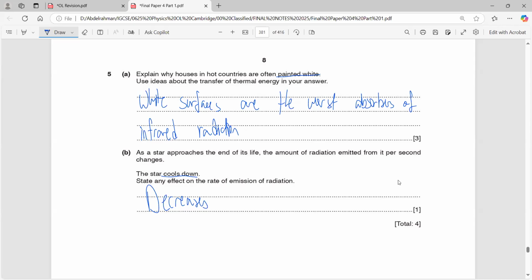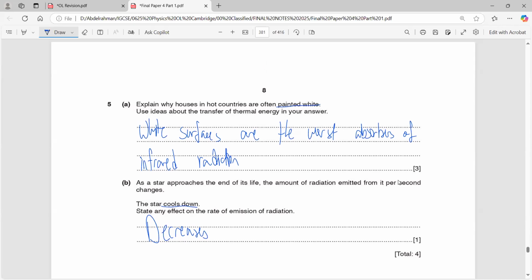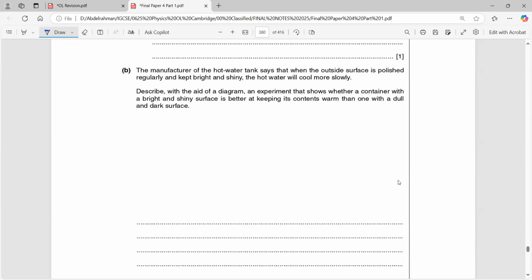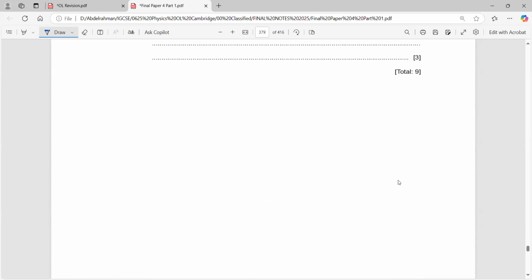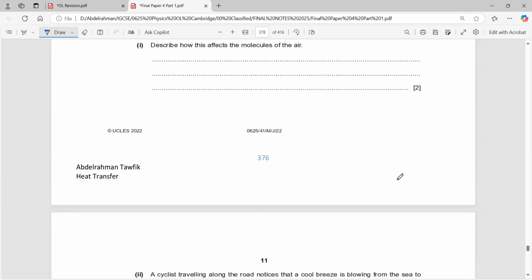So temperature is a really important factor that affects the rate of emission of heat. Here we have all of the questions, basically the same questions.